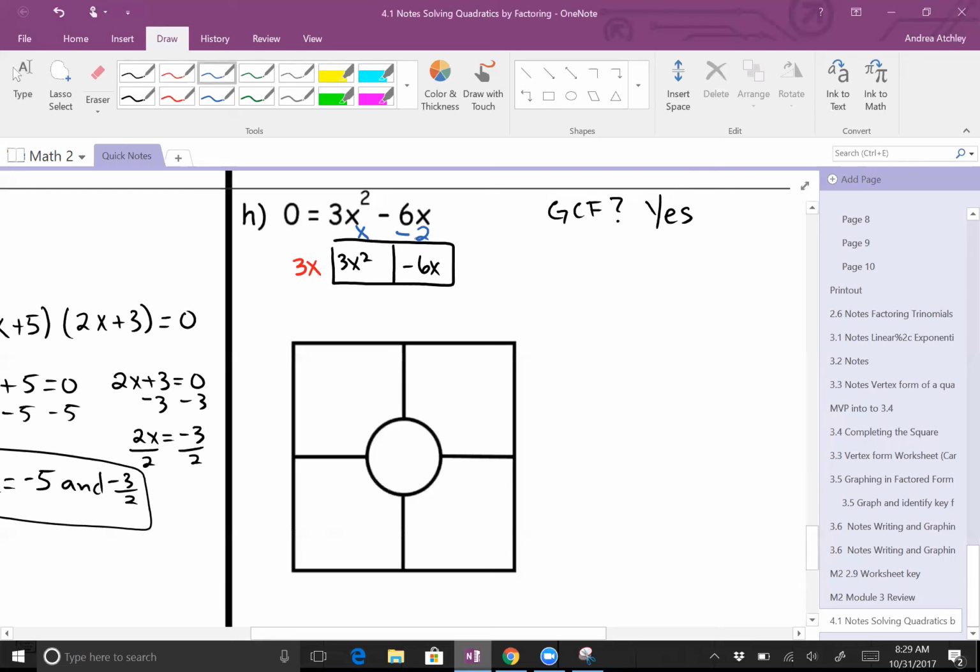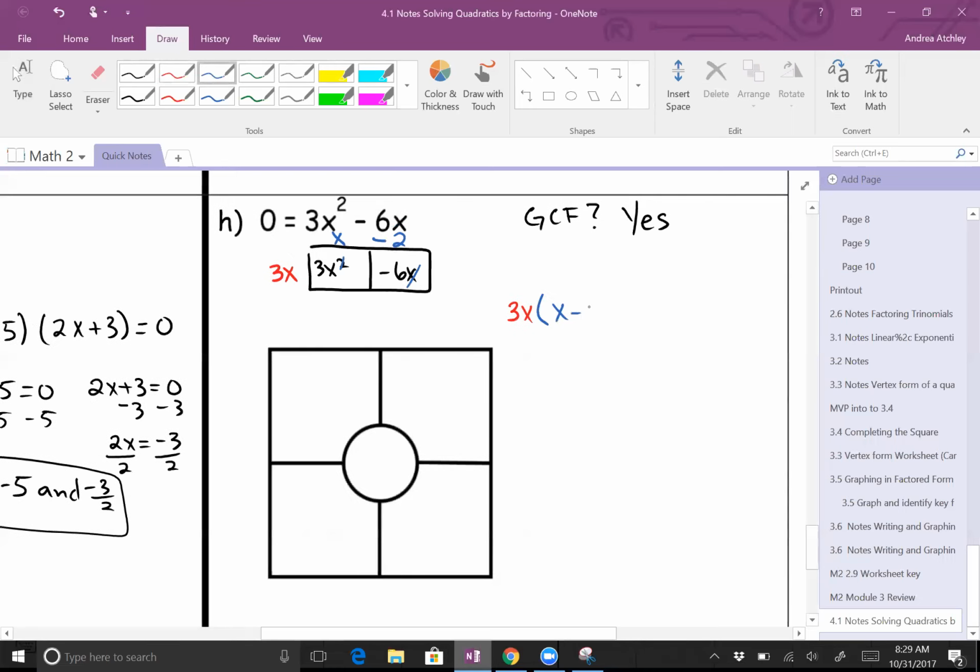Negative 6 divided by 3 is a negative 2, and the x's will cancel. 3 divided by 3 is 1, and then I take away an x. So now I'm at 3x times x minus 2. Now, since this x minus 2 doesn't have a squared variable, I don't need this box. Only if there's a squared variable do I try to factor it more. Does that make sense? No squared variable, I'm done.